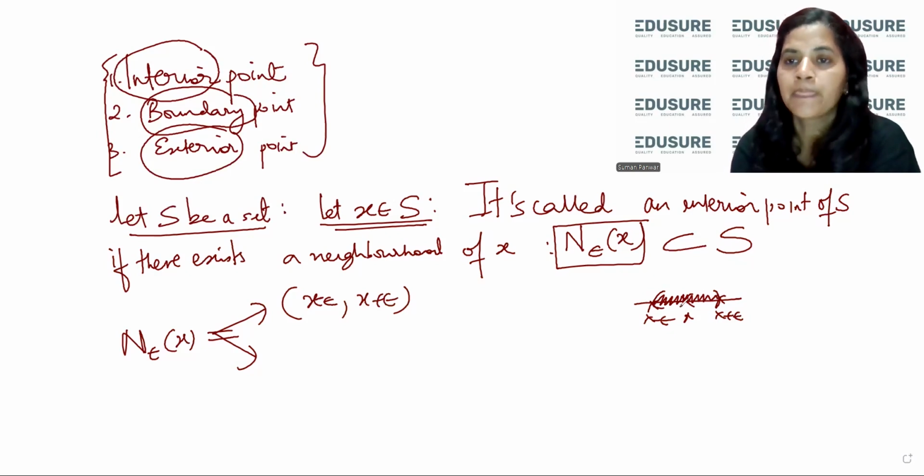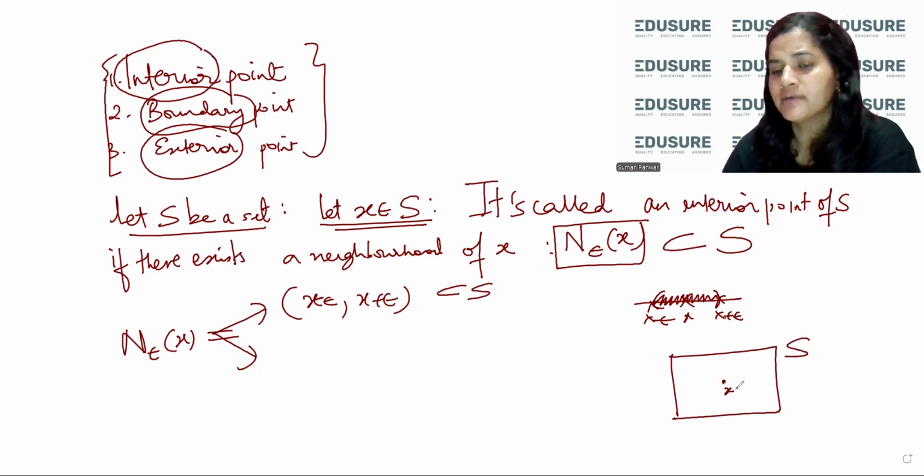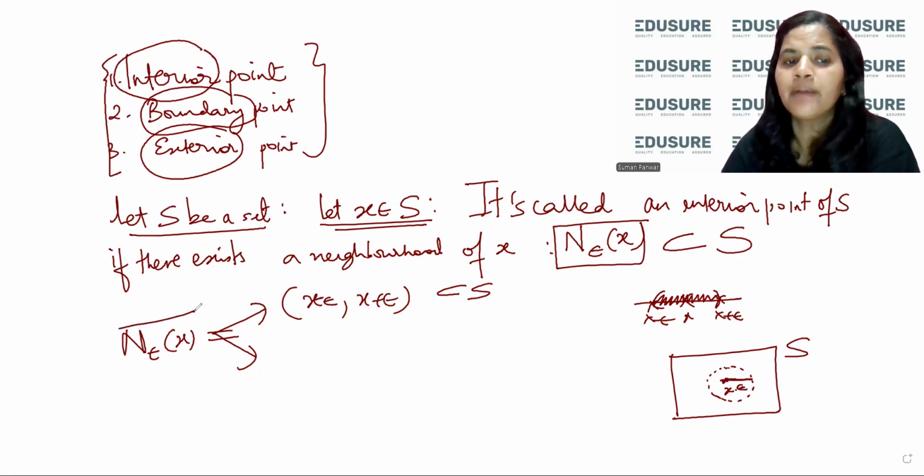पड़ोसी है X का. ठीक है? So I want this N epsilon X to be contained in the set S. And if we are in two dimensions, suppose this is my set S, this is my point X. I should be able to create a ball, a neighborhood of radius epsilon. So that is what is meant by N epsilon X in 2D.